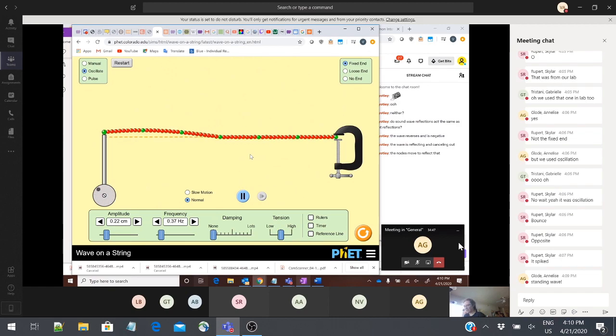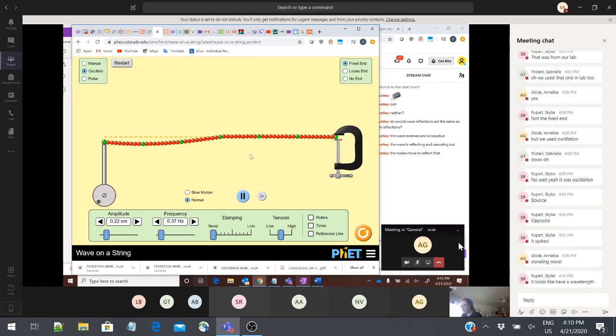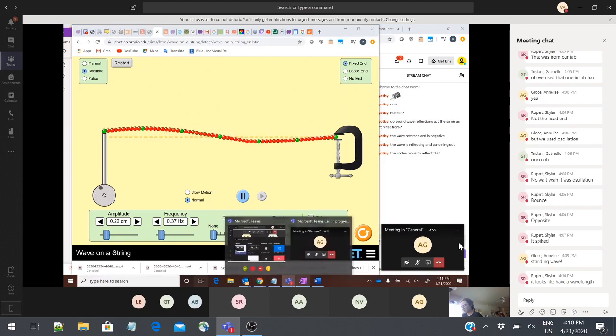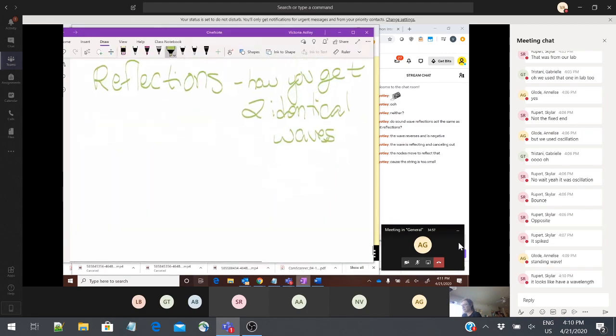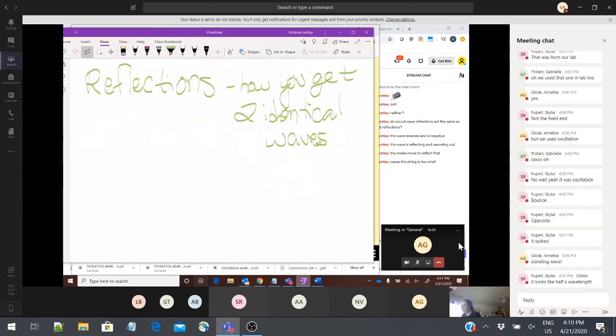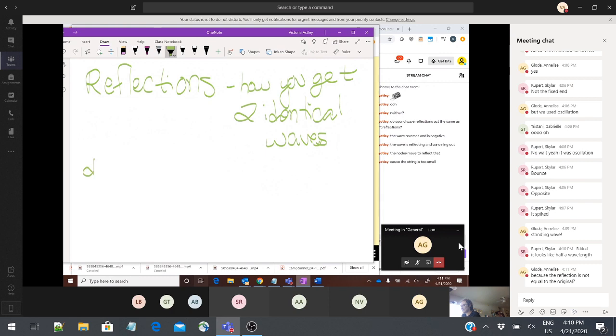So the lesson here is that for reflected waves, you have some distance between the ends, right?